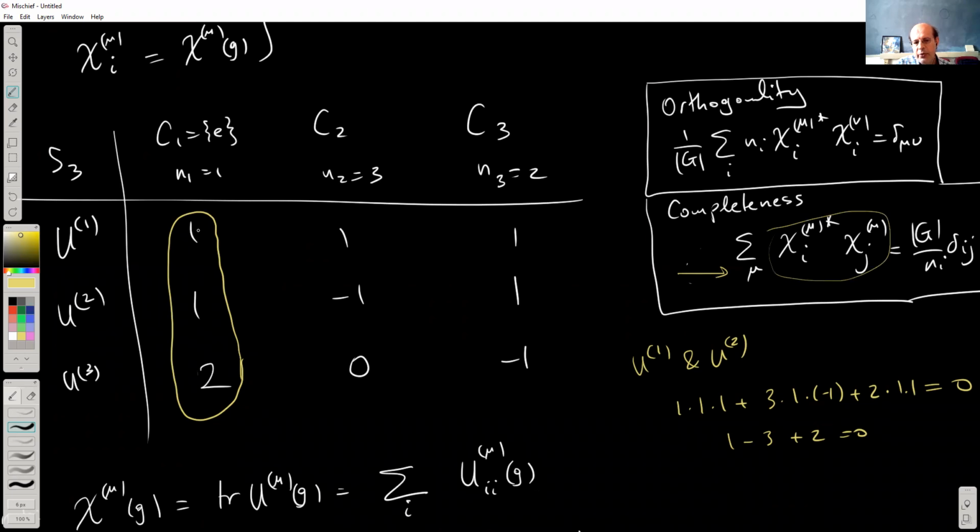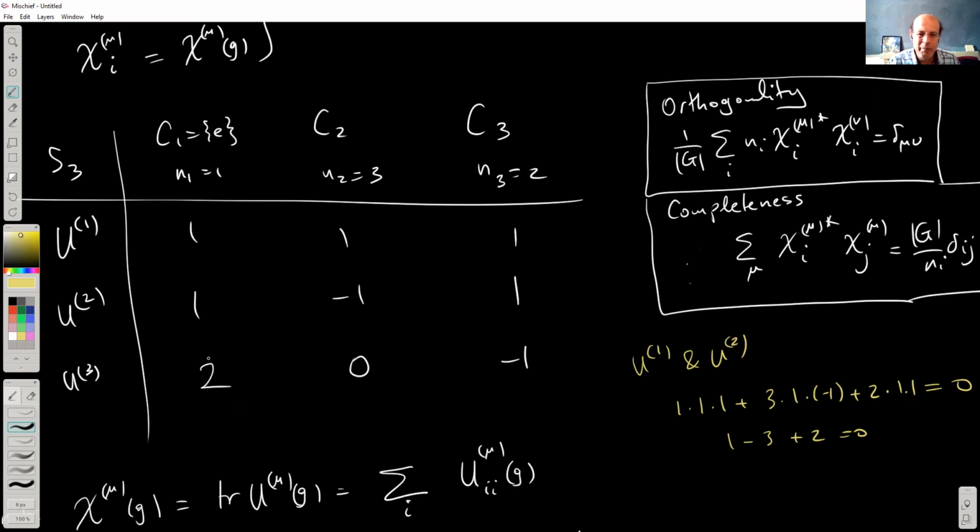So in the first one, you get 1 squared plus 1 squared plus 2 squared. You get 6 in here. And on the right-hand side, you get 6 divided by 1. I think I'm going to leave that to you. I'm not going to go over this one, but this is one of the things that you can actually check.